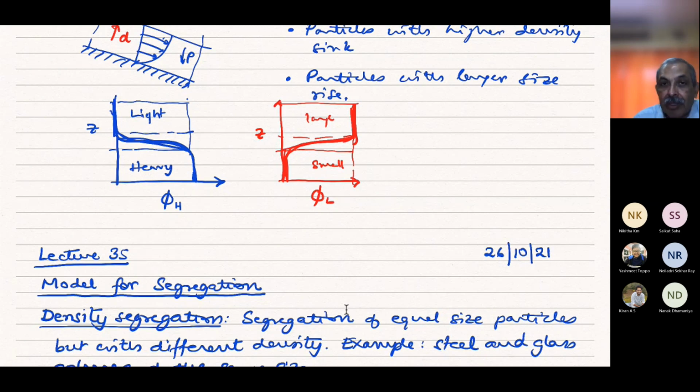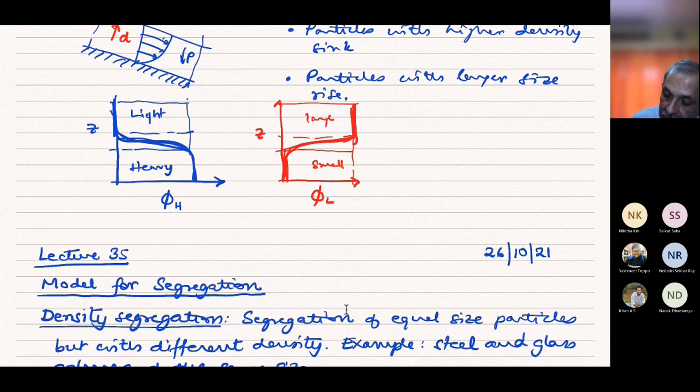And we have come up with an equation which will help us to predict the segregation flux, which will tell us the rate at which the heavy particles go down. So we can predict this, but you see that there is a mixed region also.